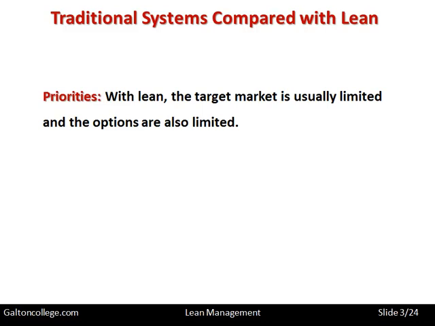So when we deal with this concept of lean management, we're normally dealing with quite a specific market. We're dealing with one that the management can trust, in a sense. In other words, the processes and the ways of making the product and organizing the business are quite straightforward and reliable, which enables lean management to take place.